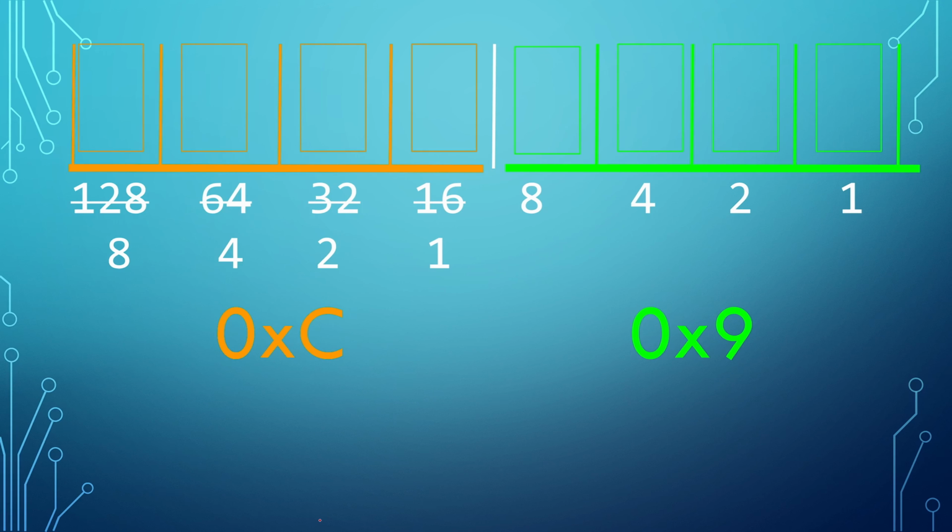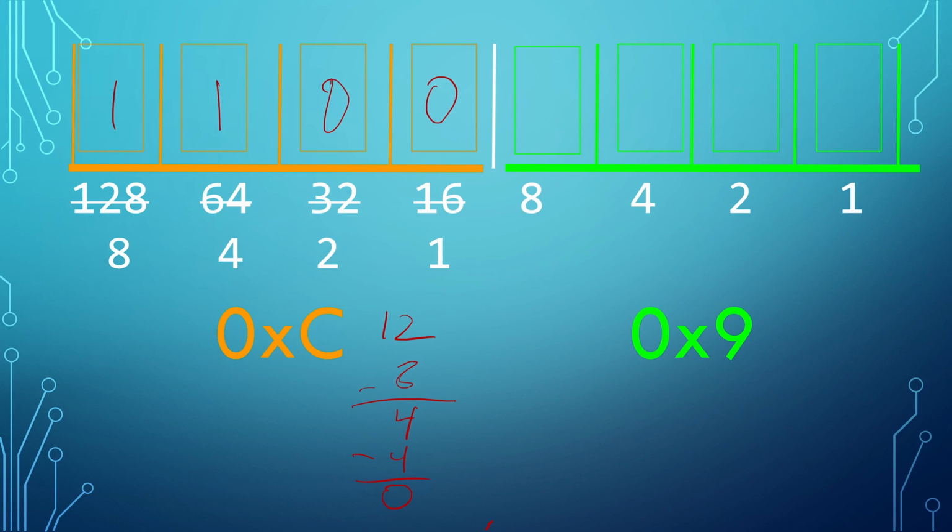We plug these in. C is going to be 12. So, how do we represent 12 up here? Well, 12 minus 8, that works. That's going to be 4. 4 minus 4, put a 1 there. 4 minus 4 is 0. And then everywhere else gets a 0. So 1, 1, 0, 0. On the right side, we have 9.